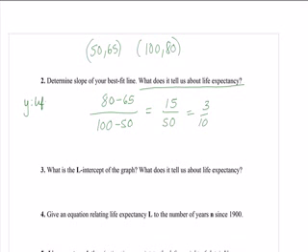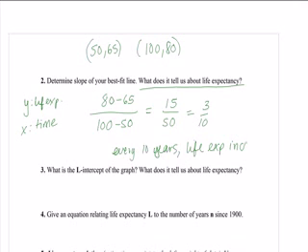Y was life expectancy, and X was time, right? So I think what you meant is every 10 years, life expectancy goes up about 3 years. Or it increases by 0.3 years every year. Good. So we can write that. Every 10 years, life expectancy increases by 3.